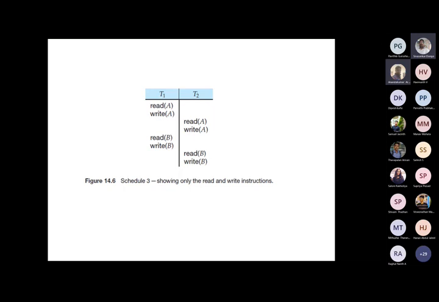So there exists a conflict between write of A instruction of T1 and read of A instruction of T2, since they refer to the same data item. However, there exists no conflict between write of A instruction of T2 and the read of B instruction of T1, since they refer to different data items. So the idea is that we can swap the instructions if they are without any conflicts. So we are going to swap read of B instruction with write of A instruction.